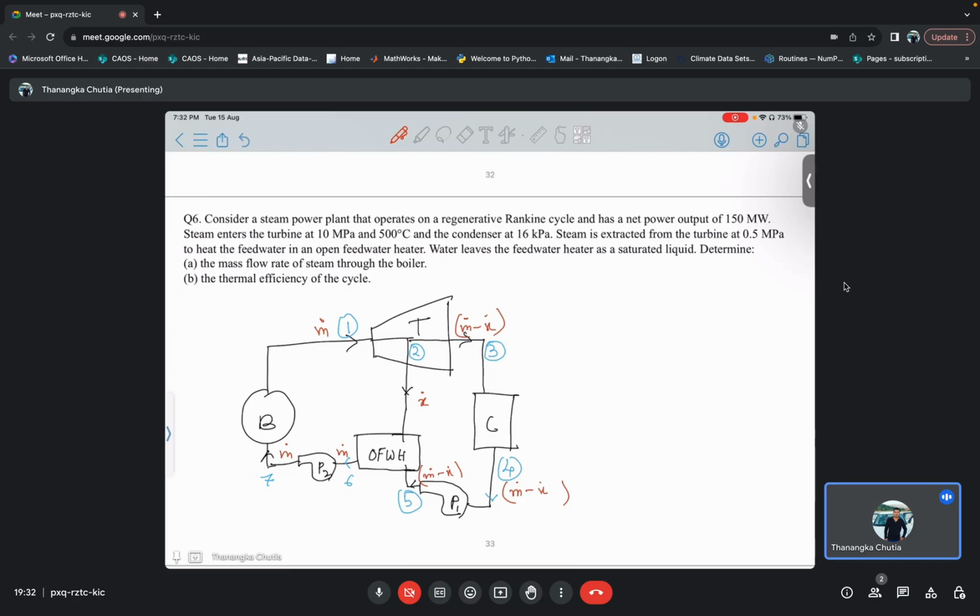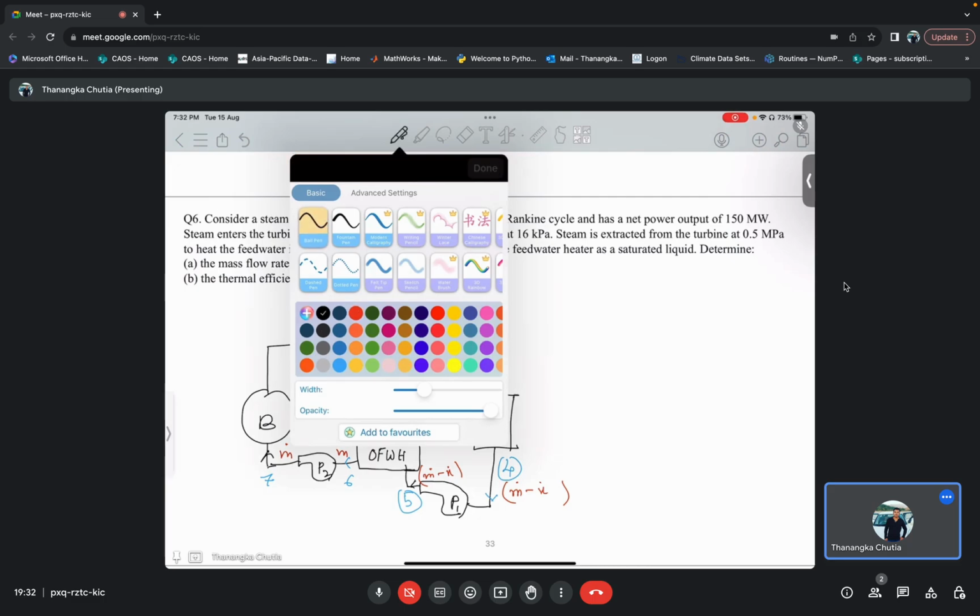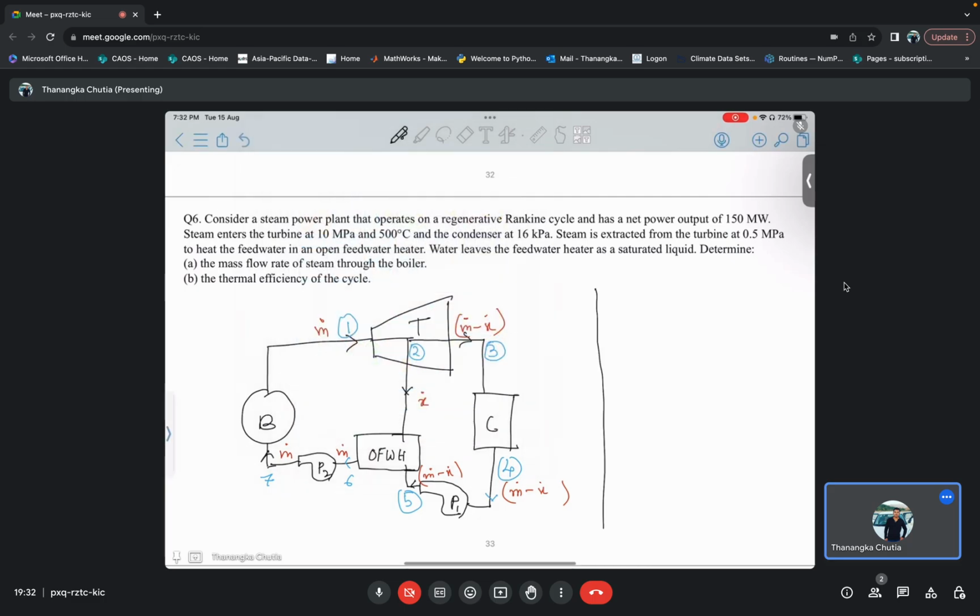Okay, and if you want to look at the TS diagram, so you look at the TS diagram.